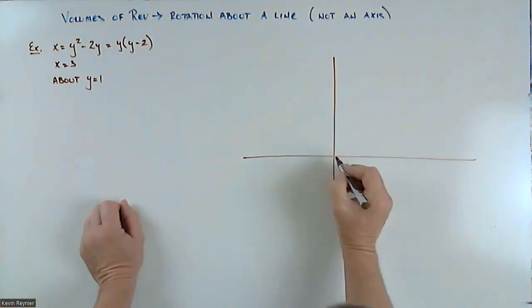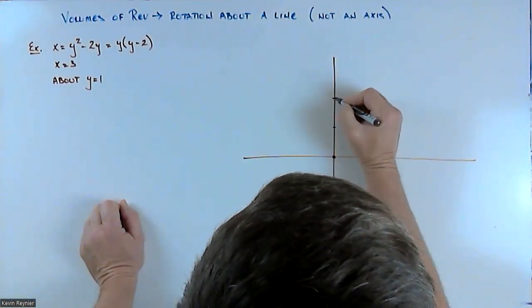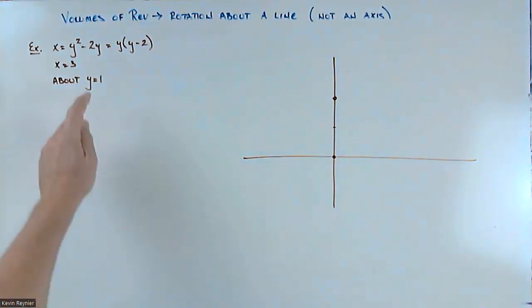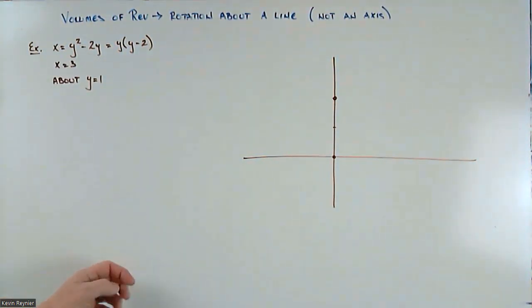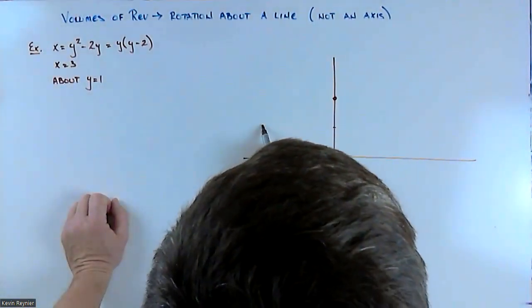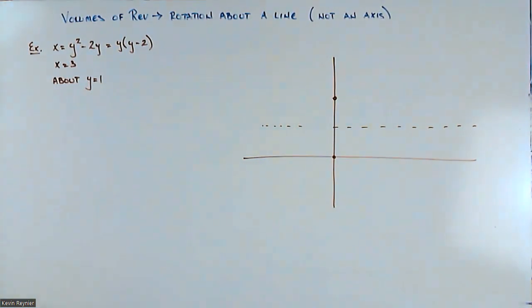So the y-intercepts are 0 and 2. This parabola opens to the right because the y value is positive. We know the axis of rotation is right here because it's halfway between the intercepts because of the symmetry. So we have a sideways facing parabola.